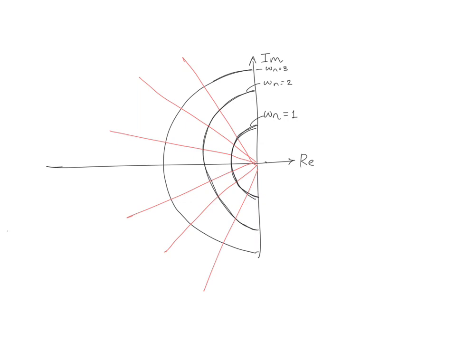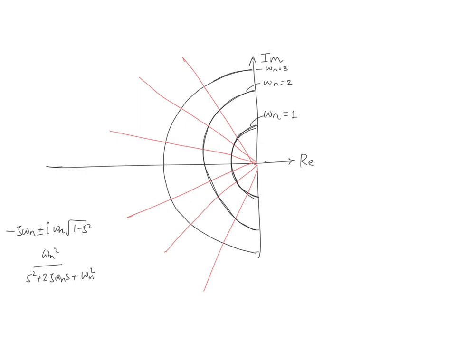Remember, our eigenvalues were minus zeta omega n plus or minus i omega n times the square root of 1 minus zeta squared, which corresponds to a transfer function of the kind omega n squared over s squared plus 2 zeta omega n s plus omega n squared. So this is the locus of constant natural frequency.